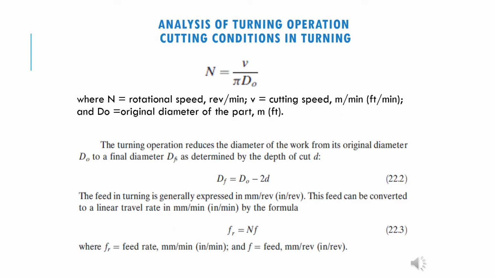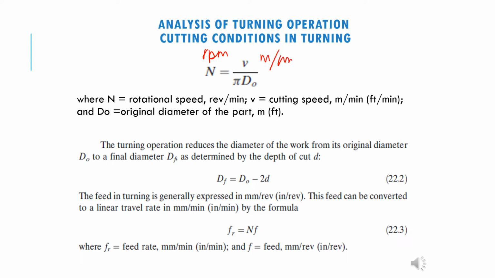So here are some analyses of the turning operation and cutting conditions in turning. The first equation is the rotational speed, which is revolutions per minute, or what you usually know as RPM. This equation allows you to change from RPM to cutting speed in meters per minute.